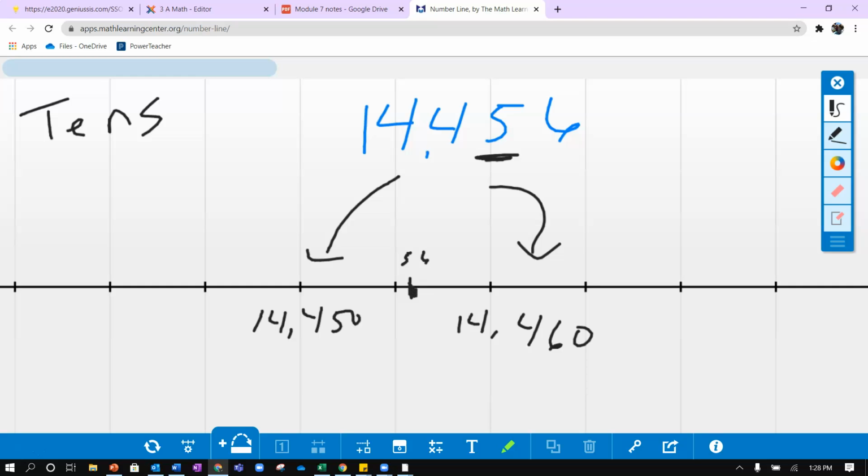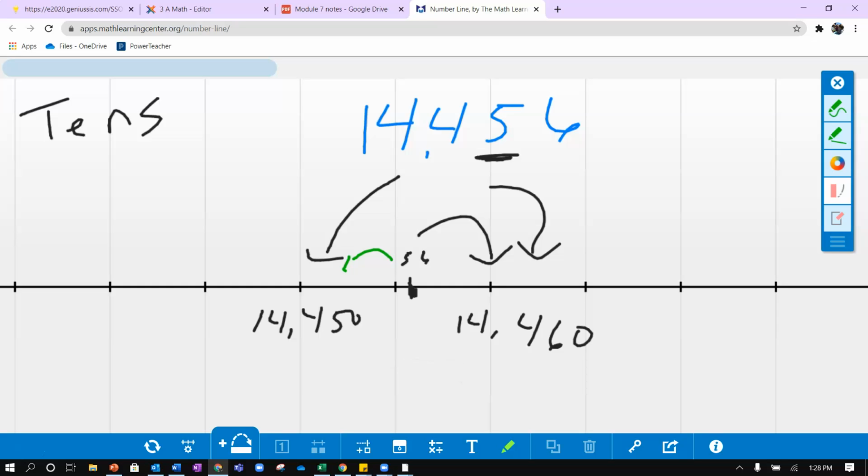Using this number line, you can see it looks like it's closer to the larger value, 14,460. Another way of looking at this is that it is 4 away going that way. If I were to go back to the smaller number, it is 6 away from 14,450. However you like to think of it, you can tell which one it's closer to.